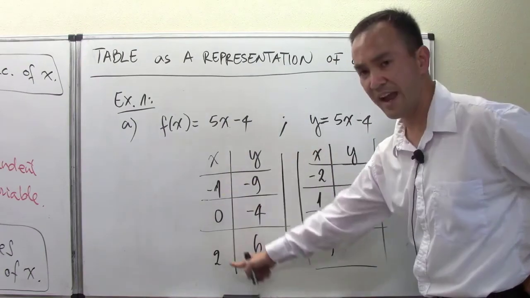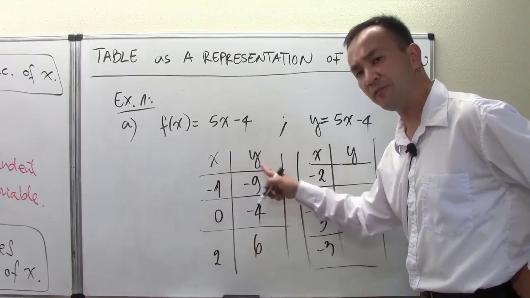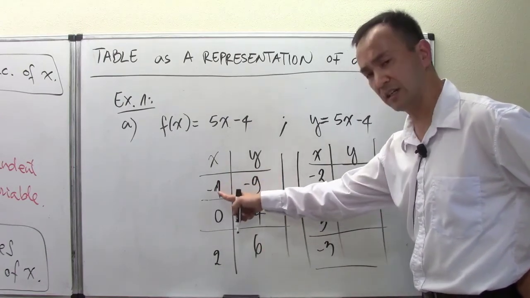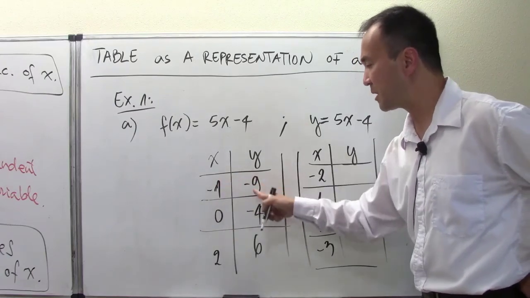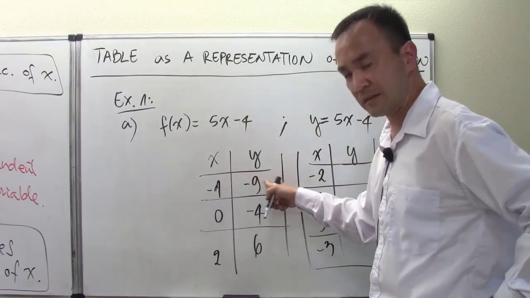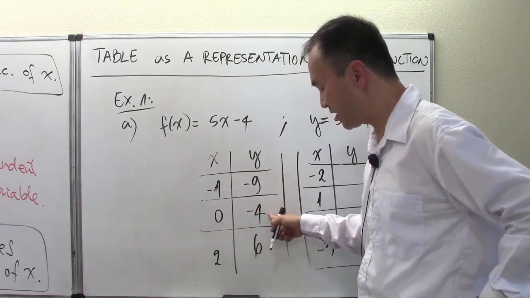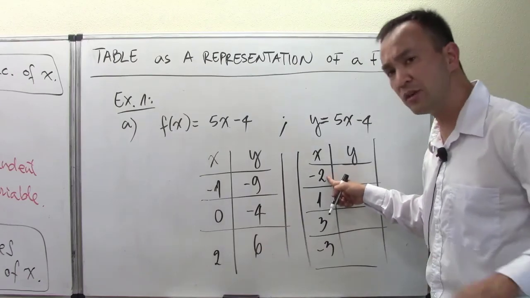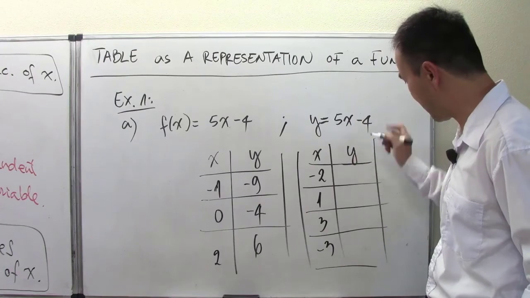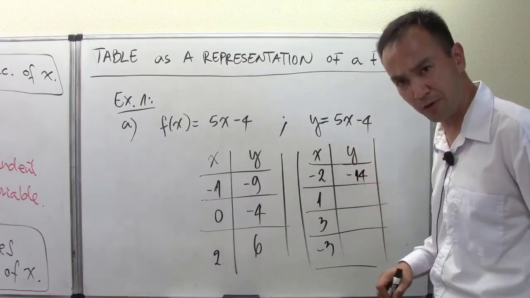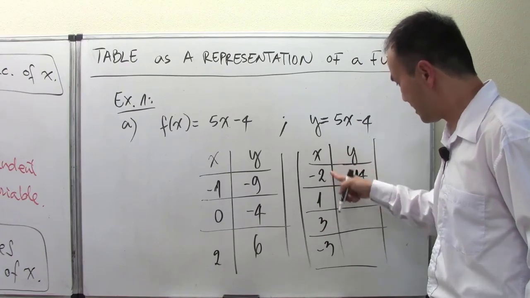Once we've had all of the inputs and all of the output values calculated, it's a good idea to organize all of those corresponding pairs. See, input -1 pairs up with -9, input 0 pairs up with -4. Now, I did not do this back at example 1, but -2 times 5 is -10, minus 4 is -14, for example. So we have another pair of values, x and y, input and output.